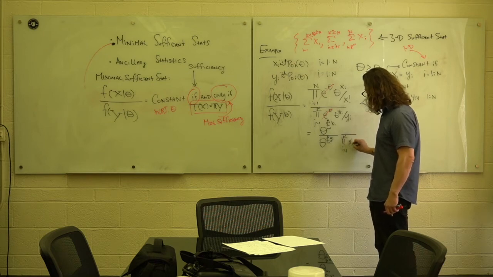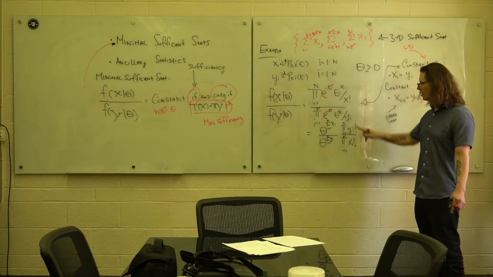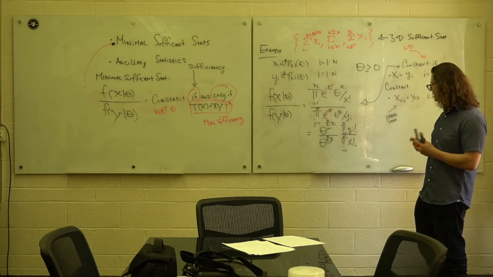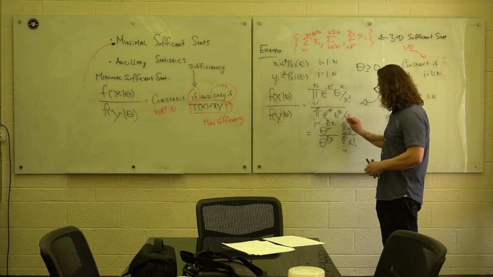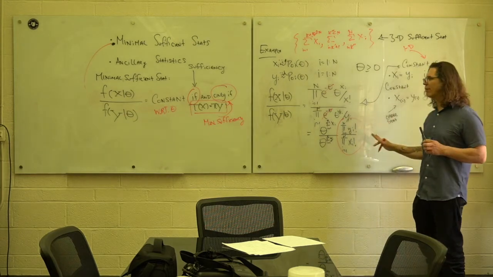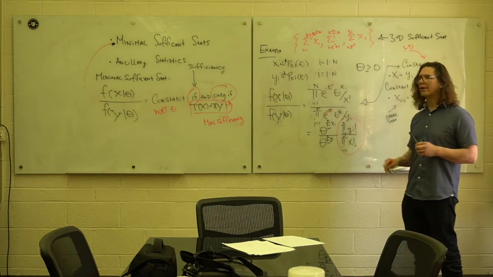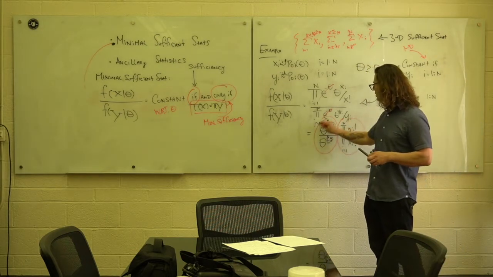Lots of ways to write the exact same thing. So these are in each other's denominators, so they just flip over. And so this thing is already a constant. That's a constant no matter what I do. It has no thetas in there, so I don't have to worry about this. This isn't going to affect the constancy of that ratio. I just need to think about this thing.